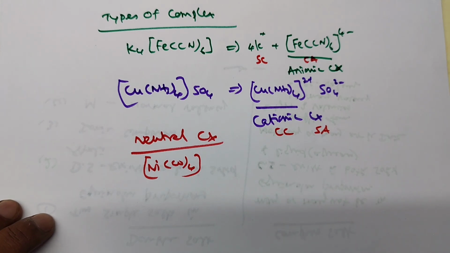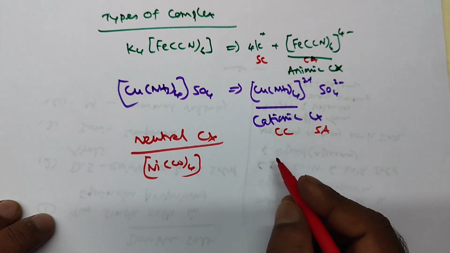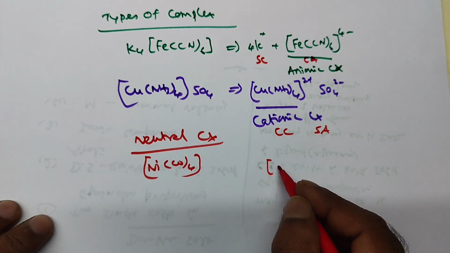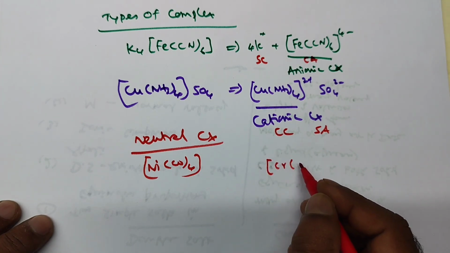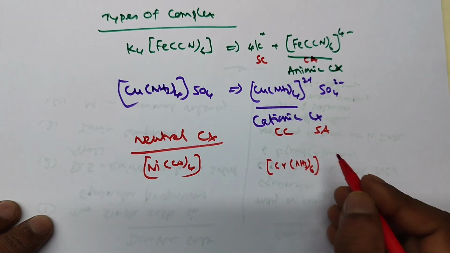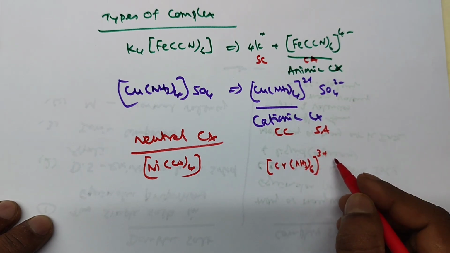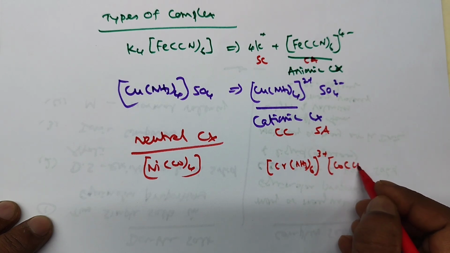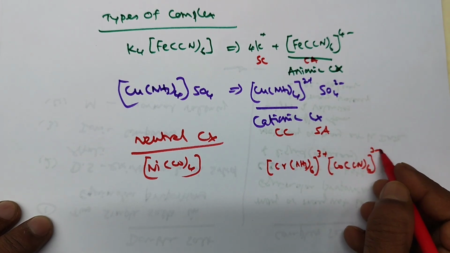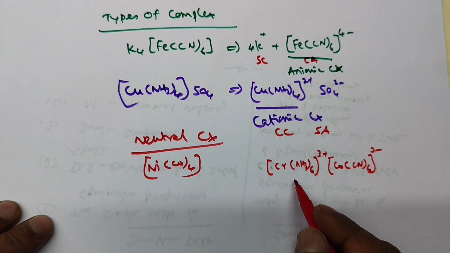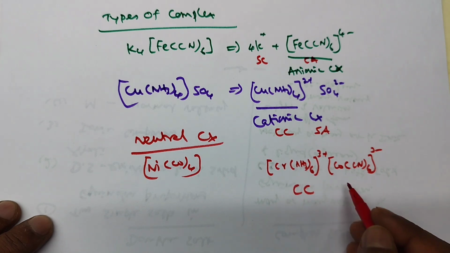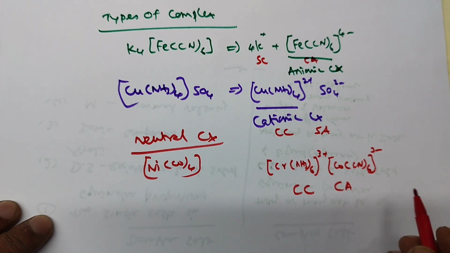Apart from that, both ions may be complex ones. Say for example, Cr(NH3)6 and so on; in this case it exists in the form of complex cation and complex anion. These are the three possibilities of formation of complex salts.